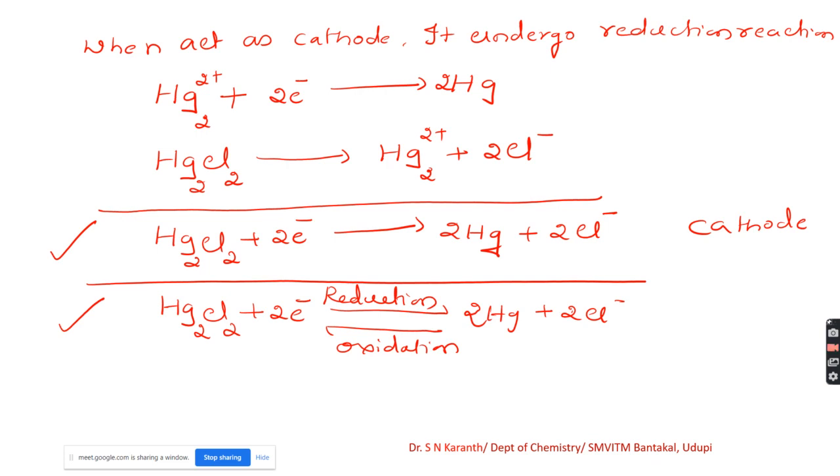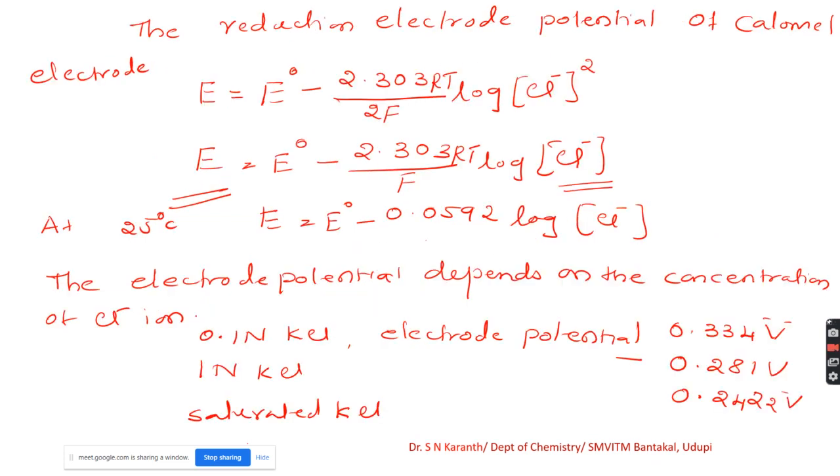The forward reaction is a reduction, forming mercury and chloride; the backward reaction is oxidation. The reduction electrode potential of the calomel electrode can be represented as E equals E naught minus 2.303 RT by F log of the concentration of Cl minus to the power 2. We can see that the electrode potential depends upon the chloride ion concentration.